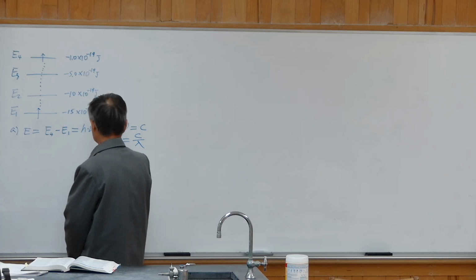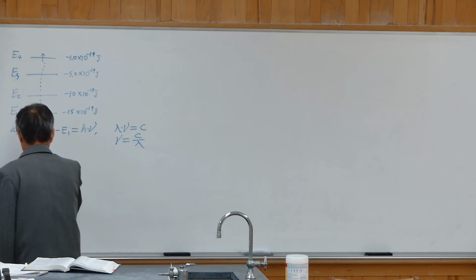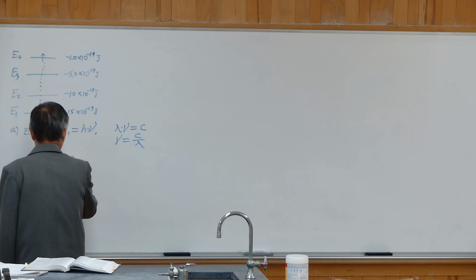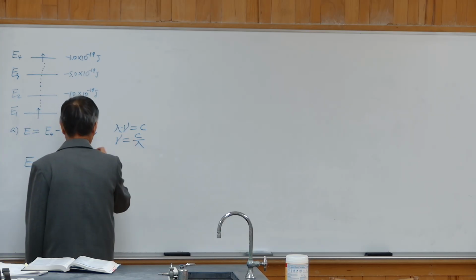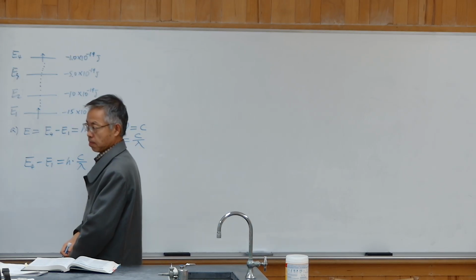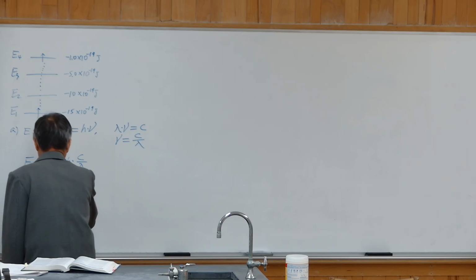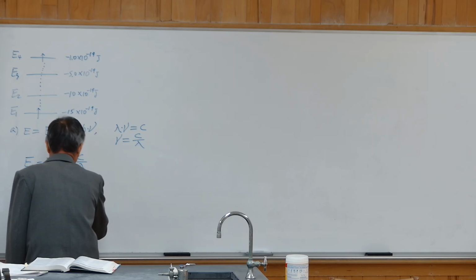So now E4 minus E1 equals h times C divided by lambda. Then lambda equals h times C divided by E4 minus E1.